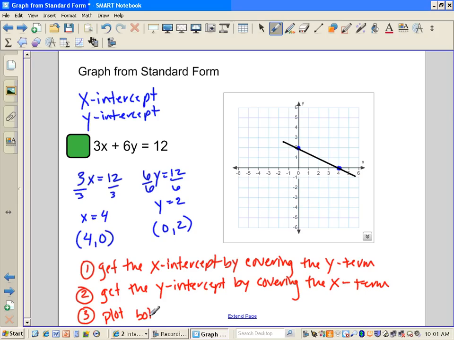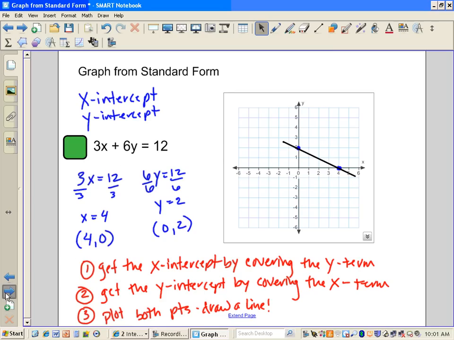Plot both points, draw a line. Now, as you start to become more sophisticated, you probably don't need to show out all the work here. If this becomes math that you can do in your head, go ahead and do it in your head. Okay? Some people even just use a thumb or a finger to cover up the different parts. That way, they're saving time. You're not going to have a little square necessarily. If you need to have a little square in class, we can help you with that.